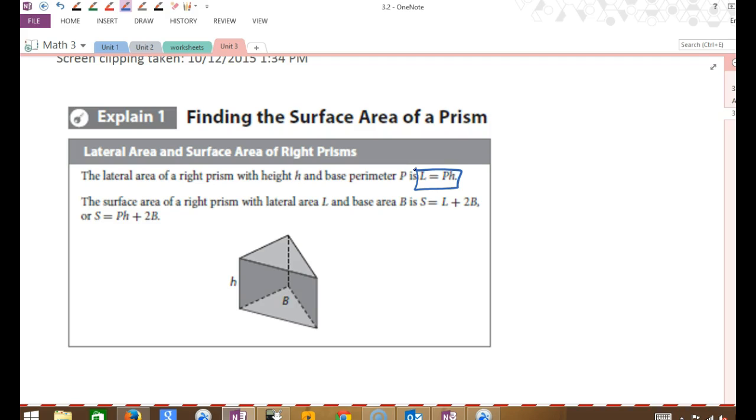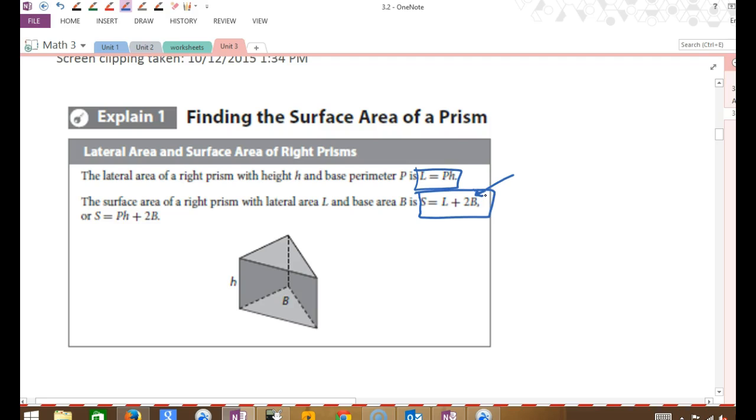To find the surface area, basically all you're going to do is take the lateral area and then add it to the 2 bases. You know that on a prism you have a top and a bottom, so 2 of those bases. The base depends on the shape.